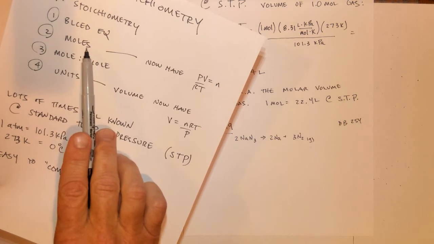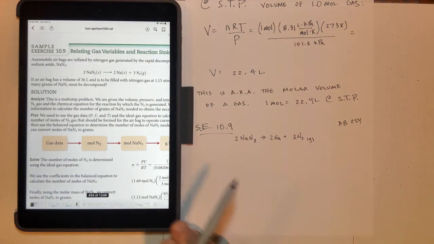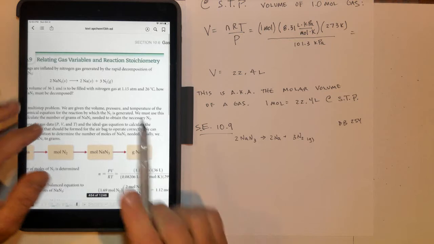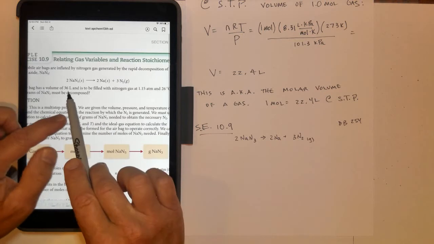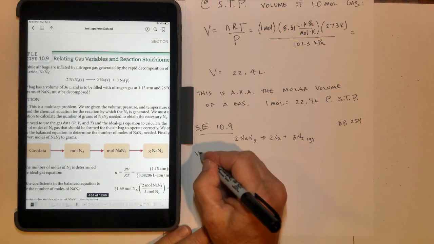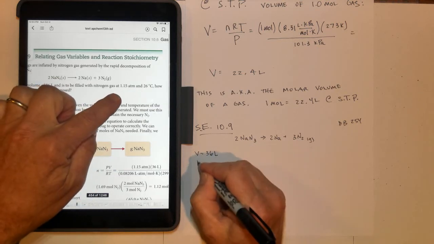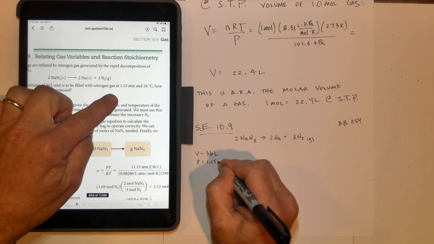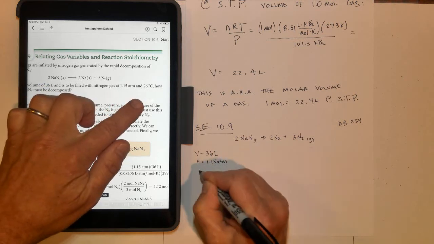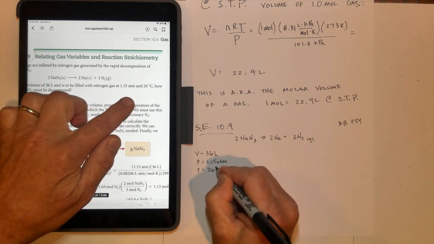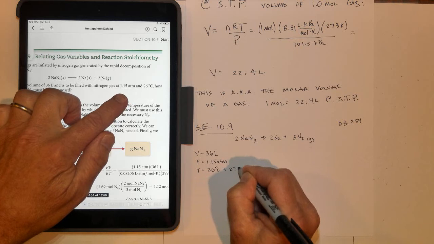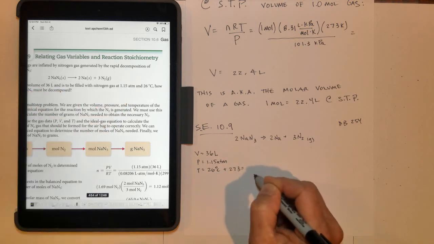So second, convert to moles. We're given a volume, V equals 36 liters. We're given a pressure of 1.15 atmospheres, and we're given a temperature of 26 degrees C. We've got to add 273 to that to get our Kelvin temperature.